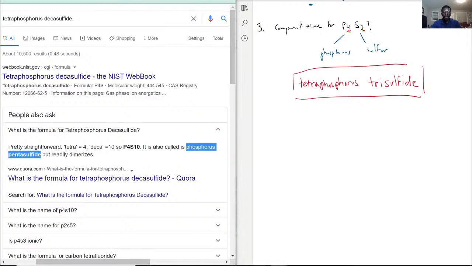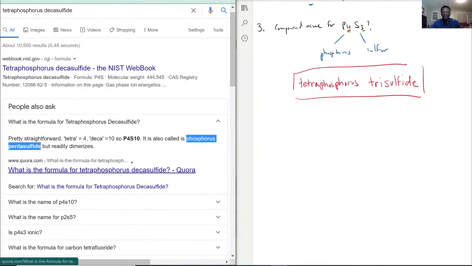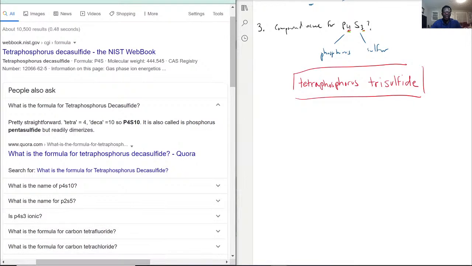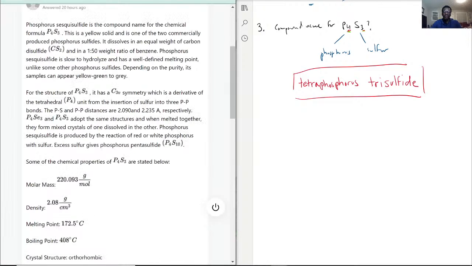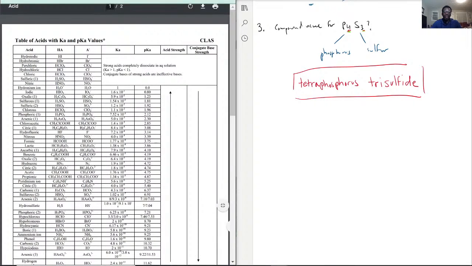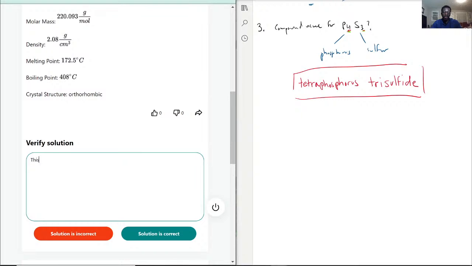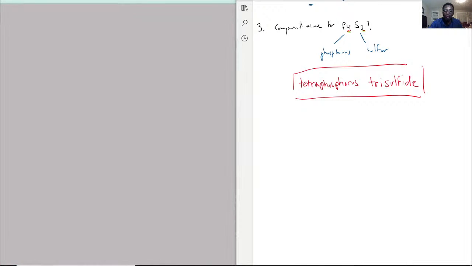It should technically be diphosphorus pentasulfide, but you see, sometimes even the professionals don't follow their own naming rules. So when in doubt, please just go with the given naming rules, because I'd rather be safely correct than possibly incorrect. Nonetheless, this is correct, at least in regards to what the other name is.